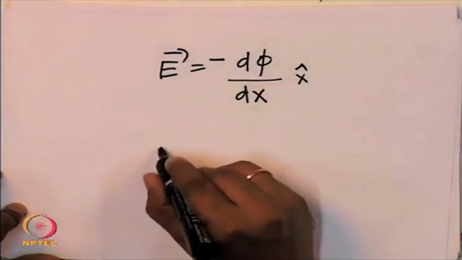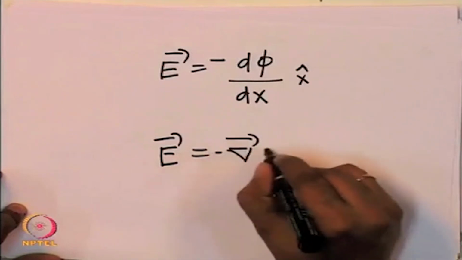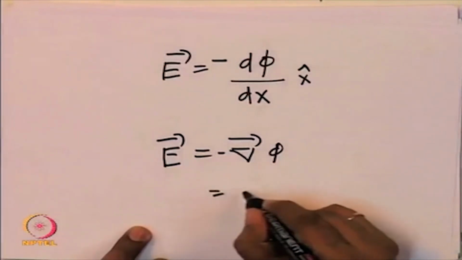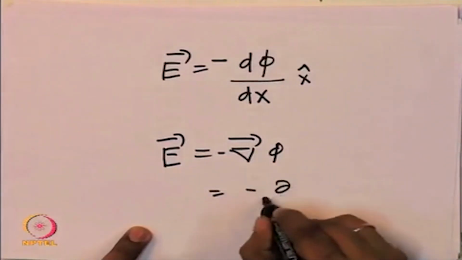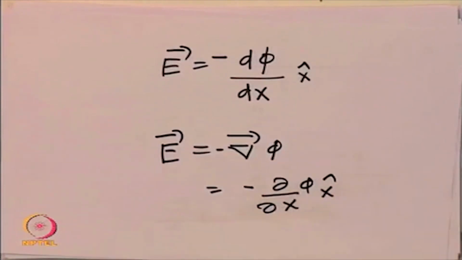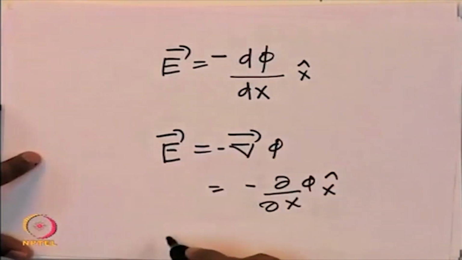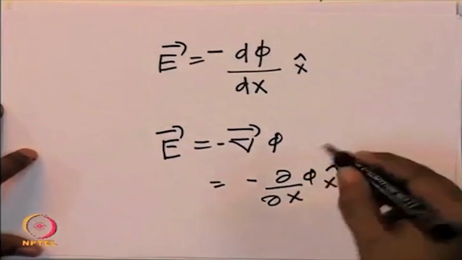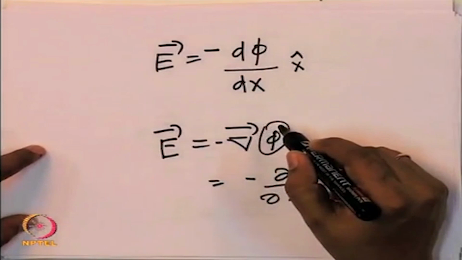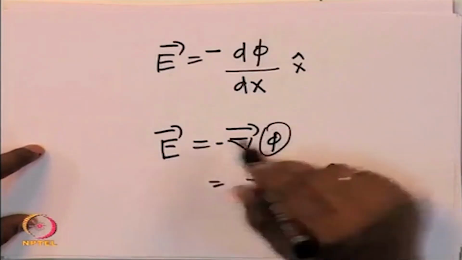In other words, E can be written as minus del phi, where del means minus del by del x of phi along the x direction. This is the electric field, where phi is the electrostatic potential, the potential energy. If you know the potential energy, the electric field and potential energy are related in this particular way.